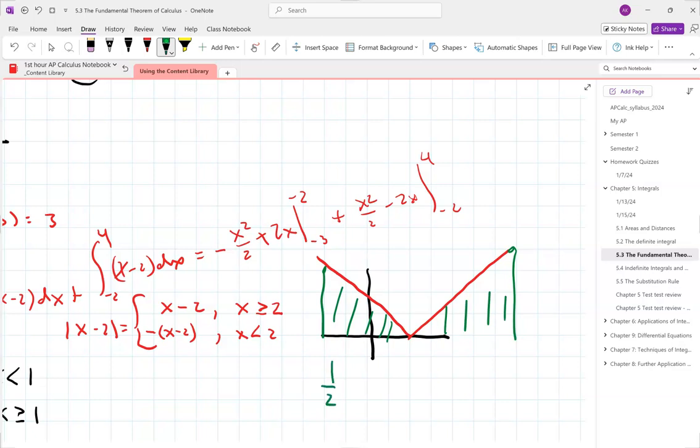So at negative 2, the height is 4, and the base would have been 4. And then over here at positive 4, the height would be 2, and the base of the triangle, we've gone 2 over. Right? So you could do it that way as well.